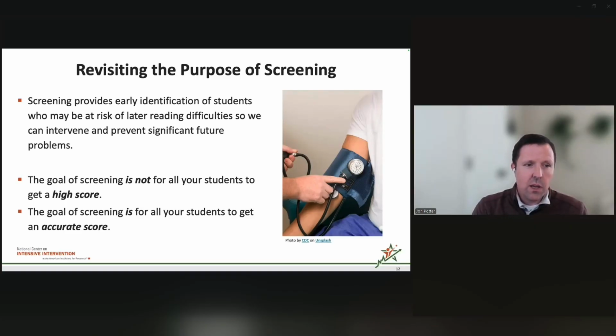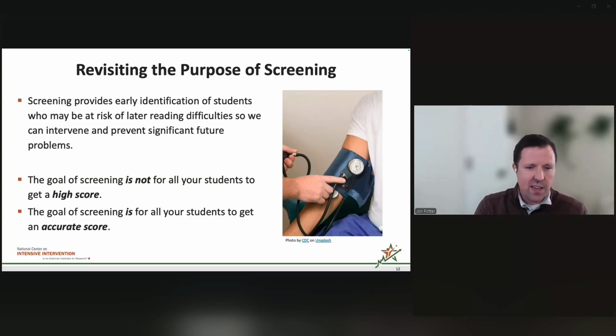And so, the goal of instruction is for all your students to get a high score. When you teach, you want to teach in ways that really get all your kids successful. But when collecting screening data, I don't want to do anything in the screening process that is going to inflate scores so that all my kids look good. Screening is not a high stakes assessment. It should not be used as a high stakes assessment. We have plenty of those in education, right? Like statewide testing.